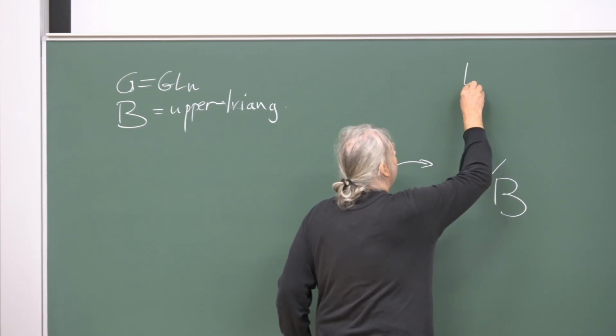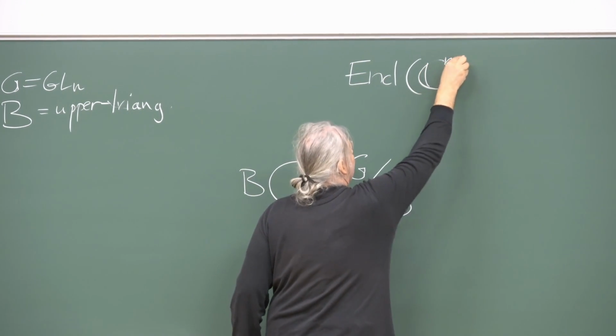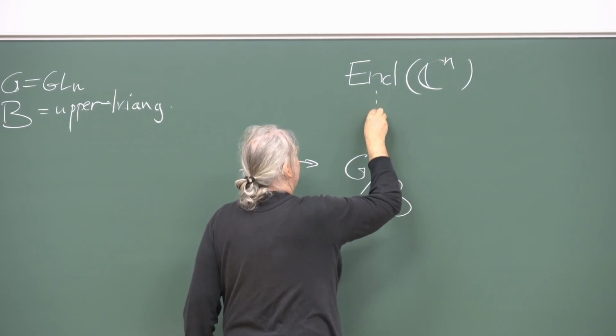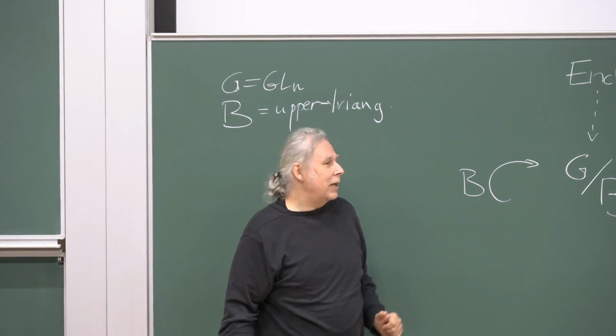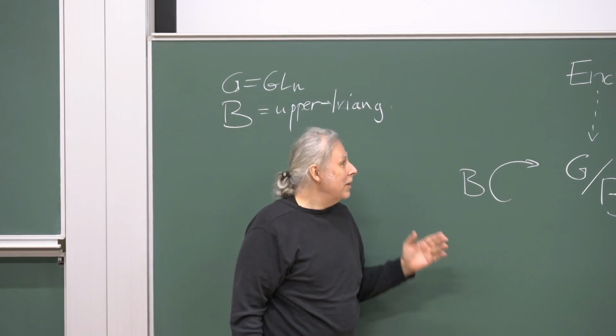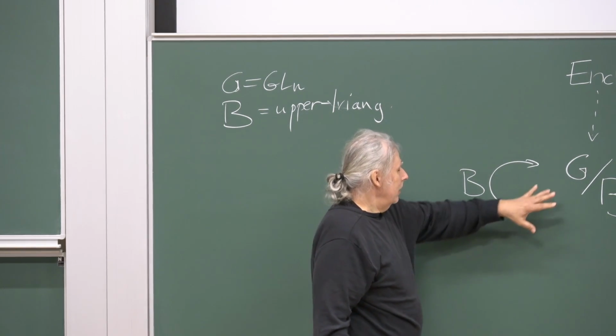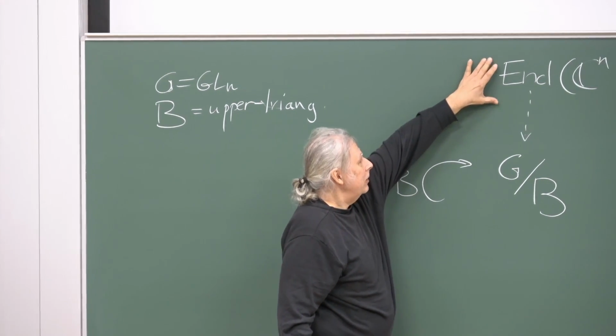So here you have endomorphisms of Cn, and this is a quotient. This is a non-reductive quotient, which is the subject present here. And in fact, my idea is to move all the calculus here and perform it there.